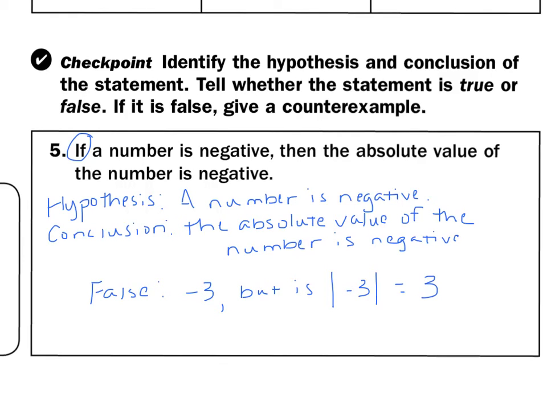The absolute value of a number is never negative. It is always going to be positive. And that should read, but its absolute value is positive 3. That concludes section 2.1.